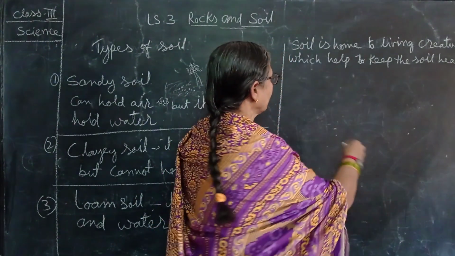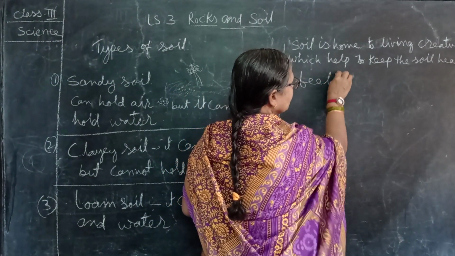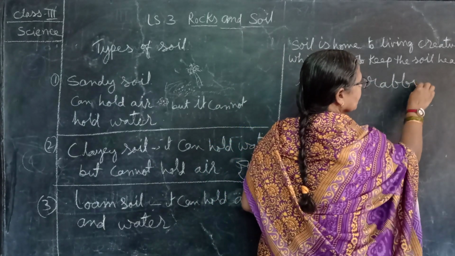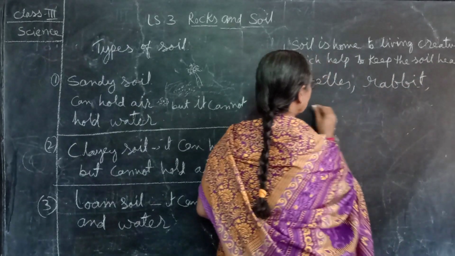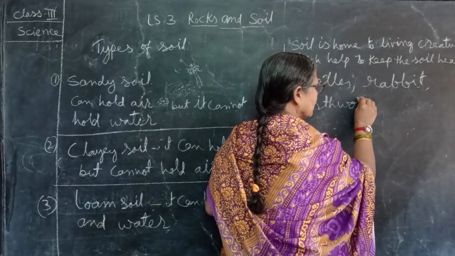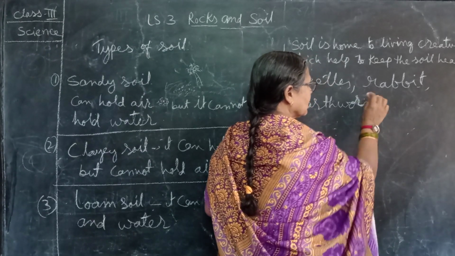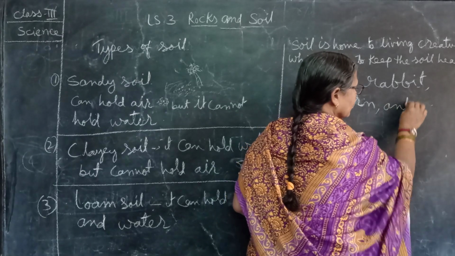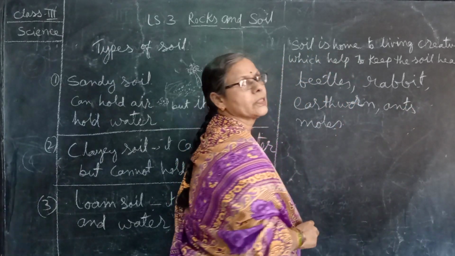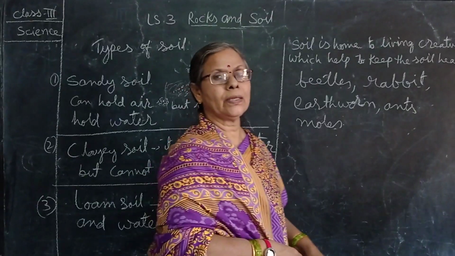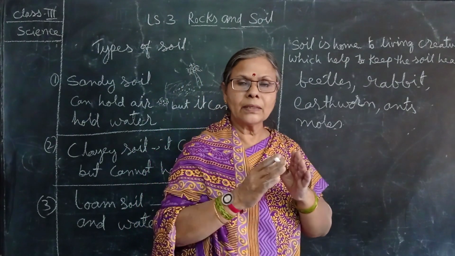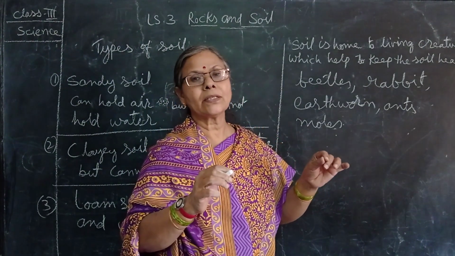One is beetle, then rabbit, earthworm, and moles. Moles are living in the soil. They keep on opening and making the soil loose.